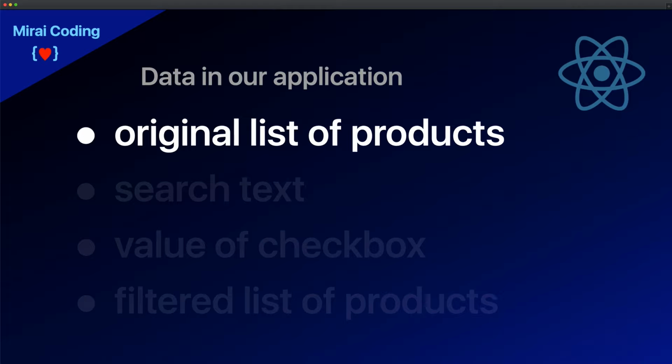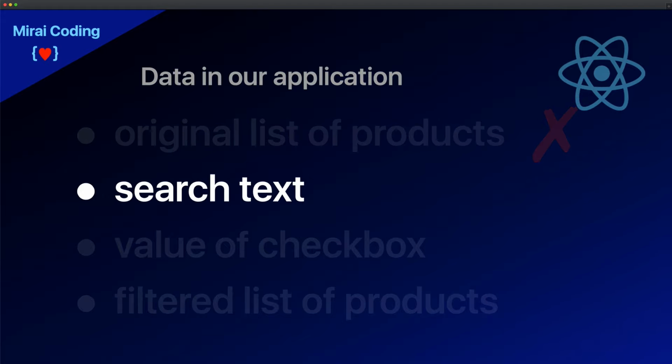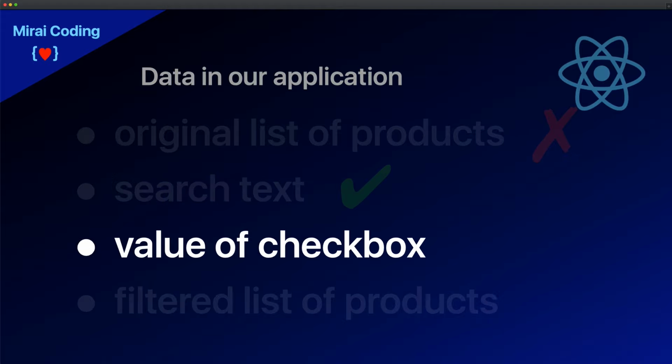The original list of products is passed in as props, so that's not state. The search text seems to be state since it changes over time and can't be computed from anything. The checkbox seems to be state as well, since it also changes over time and can't be computed from anything either.